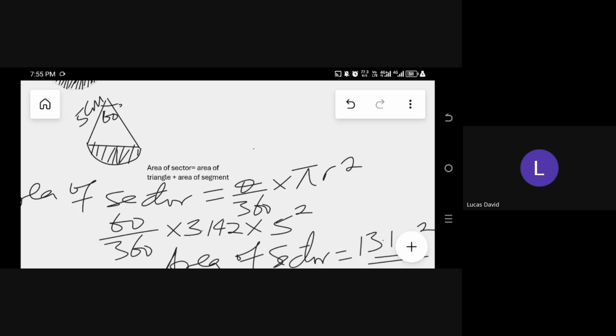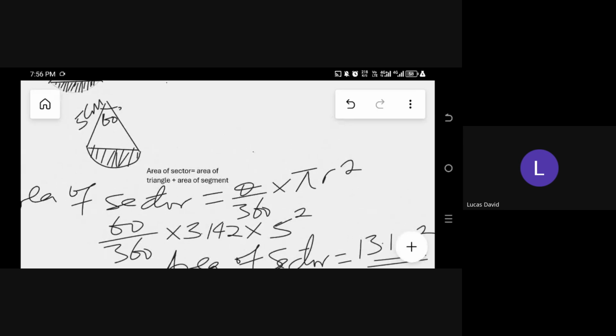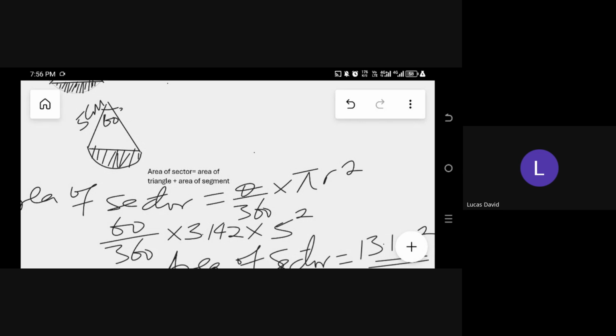That's why the formula is derived. Whatever is remaining is the area of the segment, the shaded portion, because the area of the triangle plus the area of the segment has to give you the overall area of the sector, which is 13.1. So now we have to look for the area of this triangle at the top.